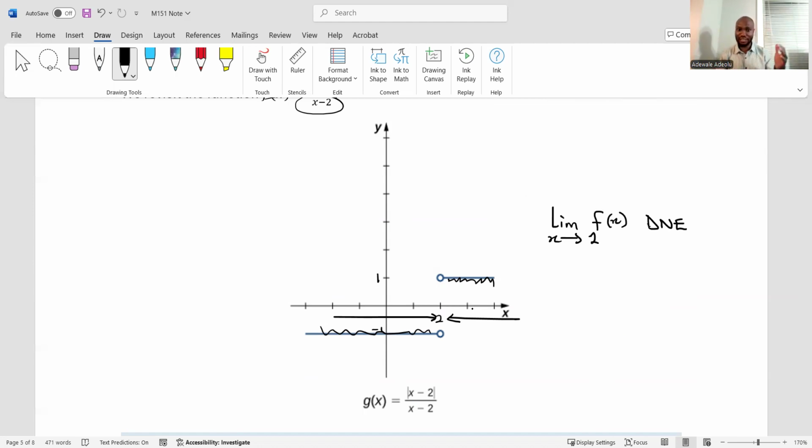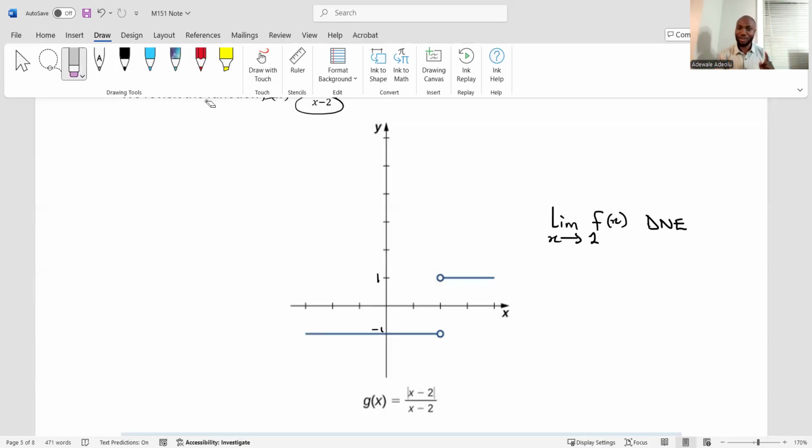For example, here it is trying to get to -1. On this side, it is trying to get to 1, right? -1 and 1 are different values. So we will claim that the limit does not exist.